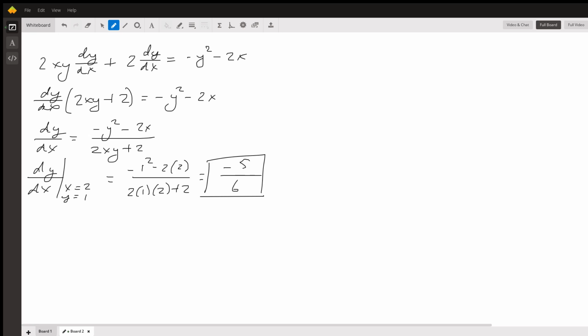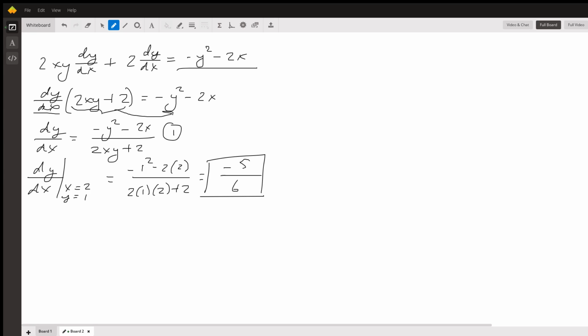If we move on here, we will have this term. So I brought these terms over here, factor out the dy/dx, and then we take this and divide it by this, and then we will end up with what we'll just call equation 1. And this is where you plug in x equals 2 and y equals 1.